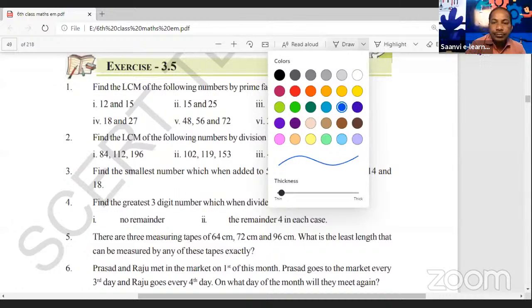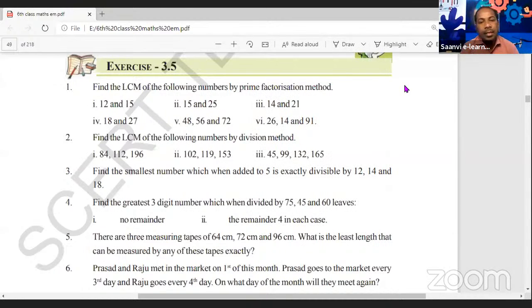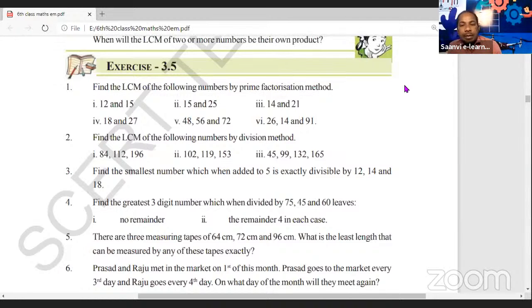Okay, children. So first of all, we have to find the LCM of 12, 14 and 18.